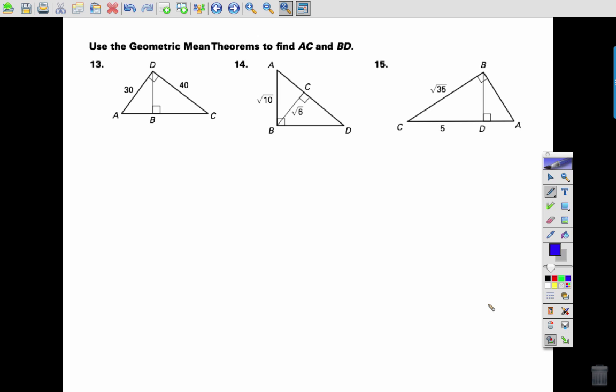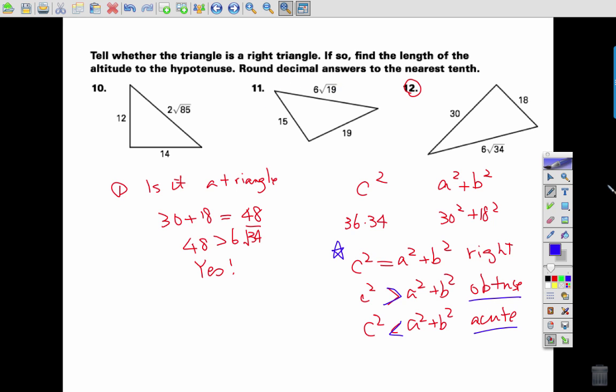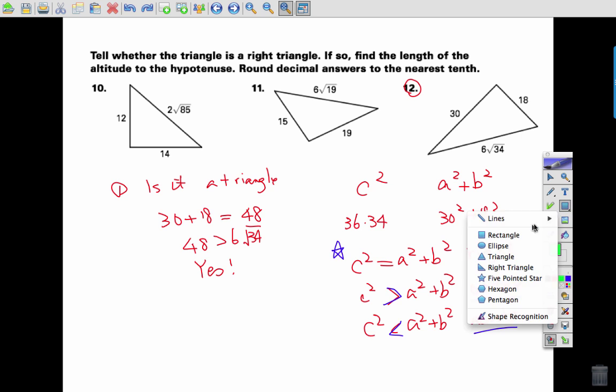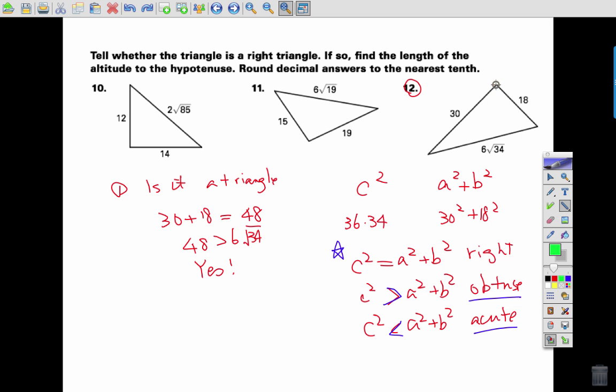These are the same question. These are actually, believe it or not, relatively easier. Oh, one thing I forgot to mention is this one. If I'm asked to find the altitude, that's what Mr. Stanton was talking about in class. He has a trick. I hope I can remember.